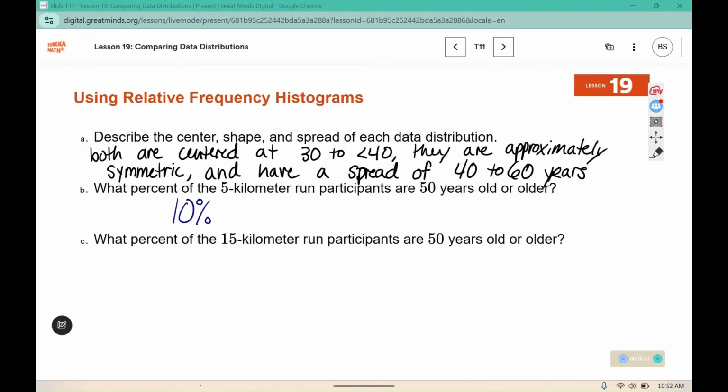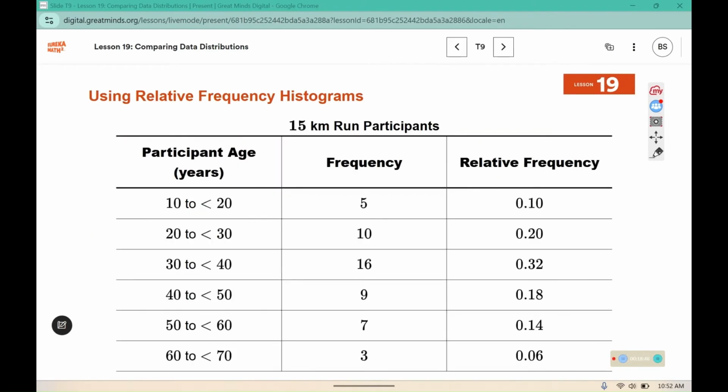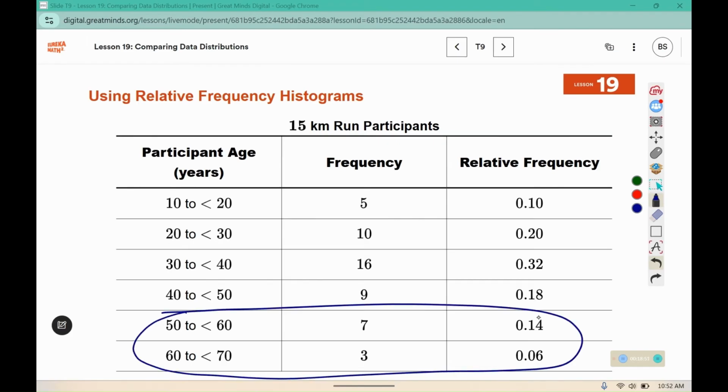C. What percent of the 15-kilometer run participants are 50 years old or older? That would be this interval here. 14 plus 6 is 20. So 0.20 turns into 20%.